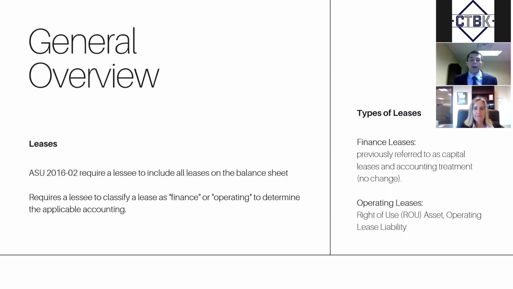If at its inception a lease meets one or more of the following criteria, the lease must be classified as a finance lease. The first, the lease transfers ownership of the property to the lessee by the end of the lease term. Second, the lease contains a bargain purchase option, such as $1.